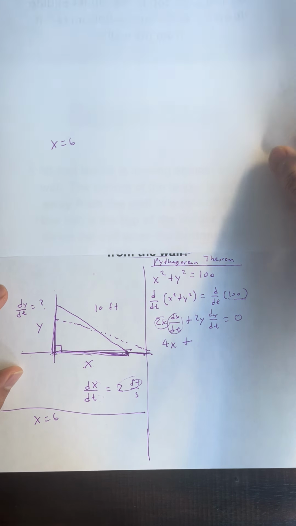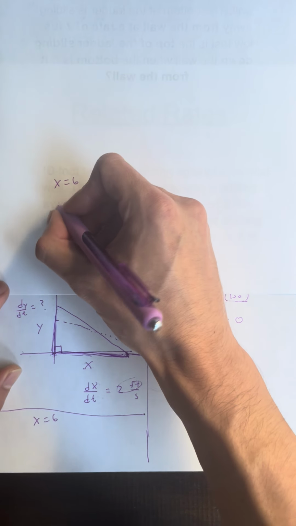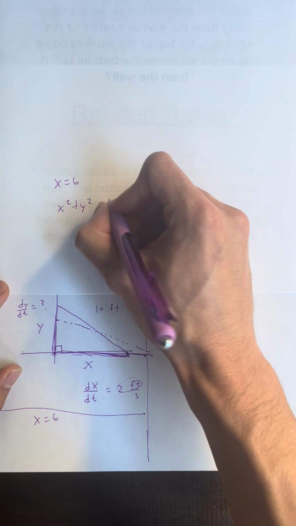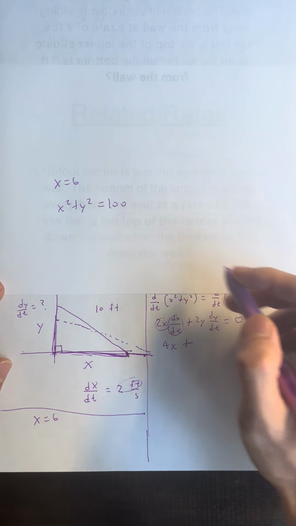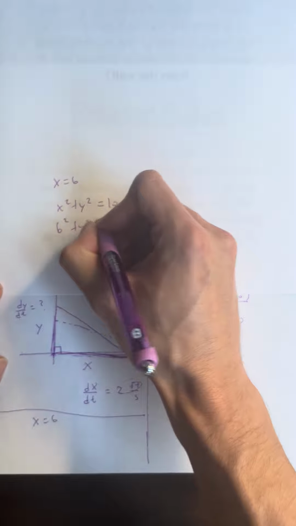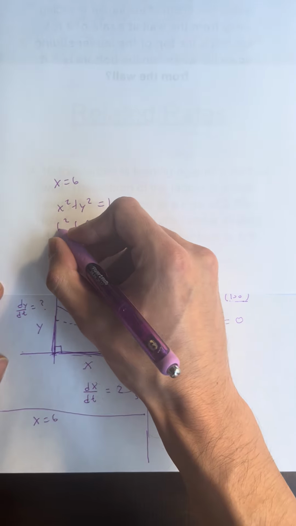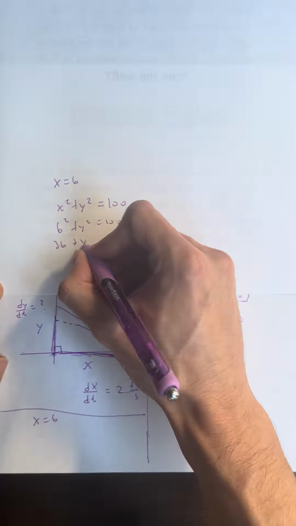And then we also have x squared plus y squared is equal to 100. So if x is equal to 6, I'm going to change that to 6. 6 times 6 is 36, right? Okay.